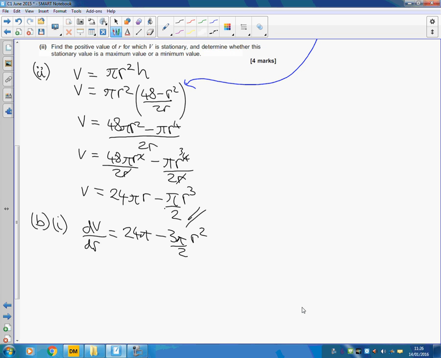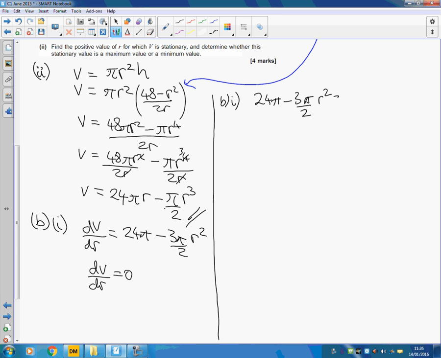So to find stationary points, that's when dv by dr equals 0. So we're going to take our dv by dr, 24 pi minus 3 pi over 2 r squared equals 0. So we're going to rearrange this.